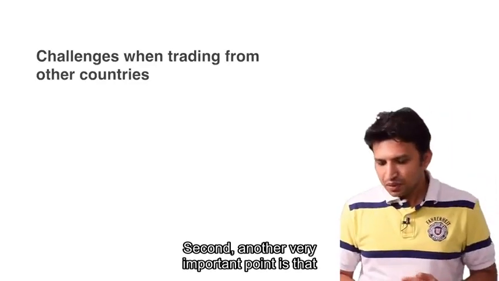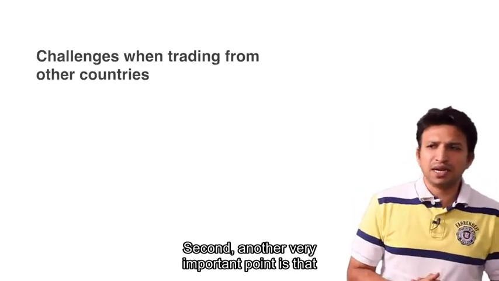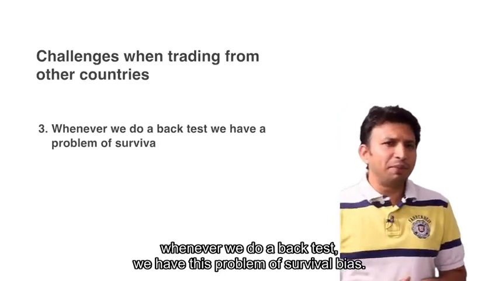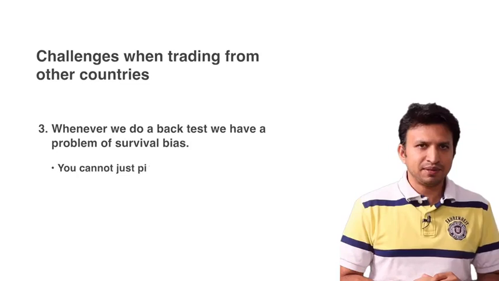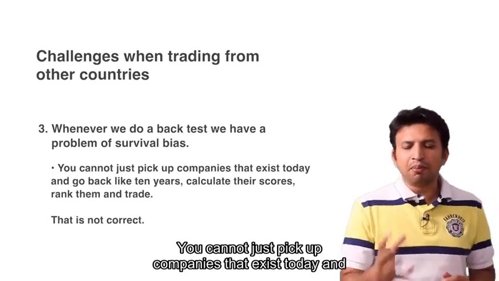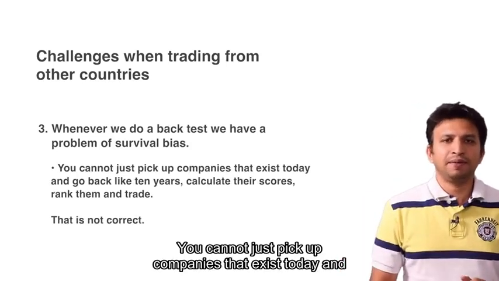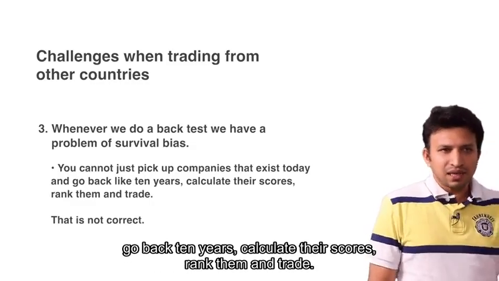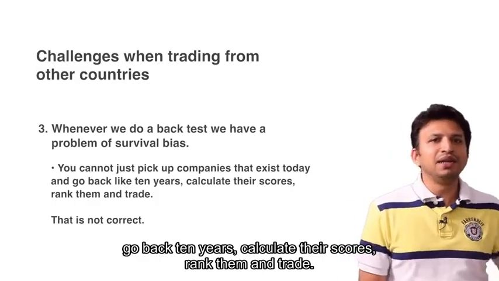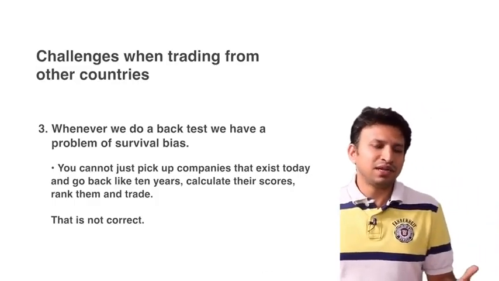Second, another very important point is that whenever we do a back test, we have this problem of survival bias. You cannot just pick up companies that exist today and go back 10 years, calculate their scores, rank them and trade. That's not correct.